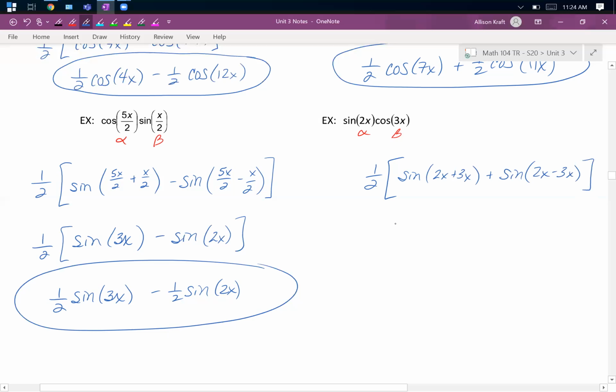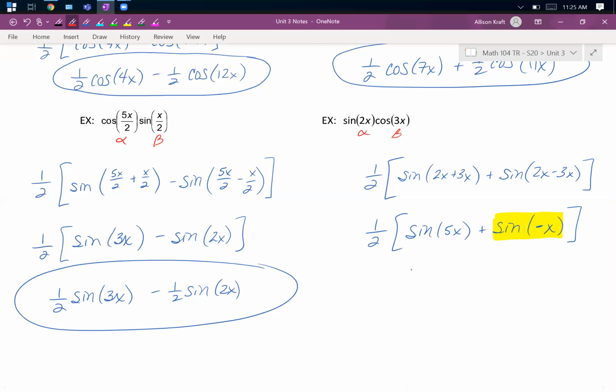Simplifying our arguments, 1/2 times the quantity sine of 5x plus, well, we're going to have here sine of negative x. So here's where we're going to have to use our negative angle identity. Recall that sine of negative theta is equal to negative sine of theta. We're going to replace that with minus sine of x.